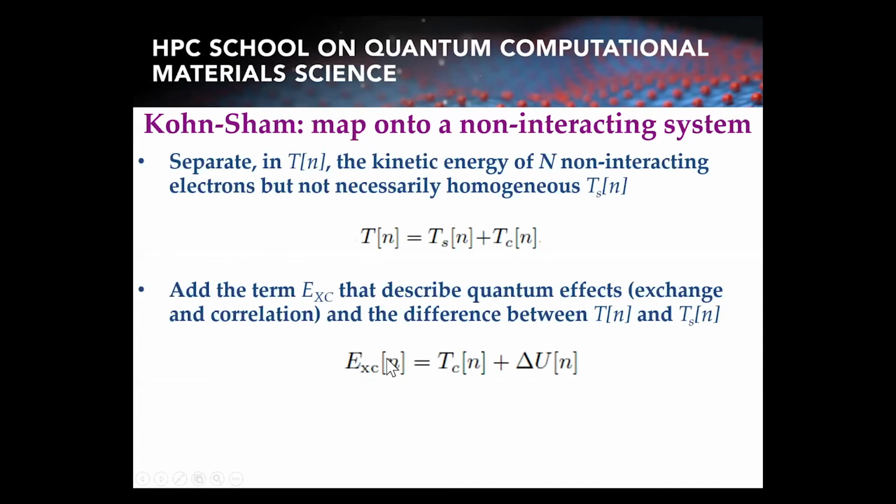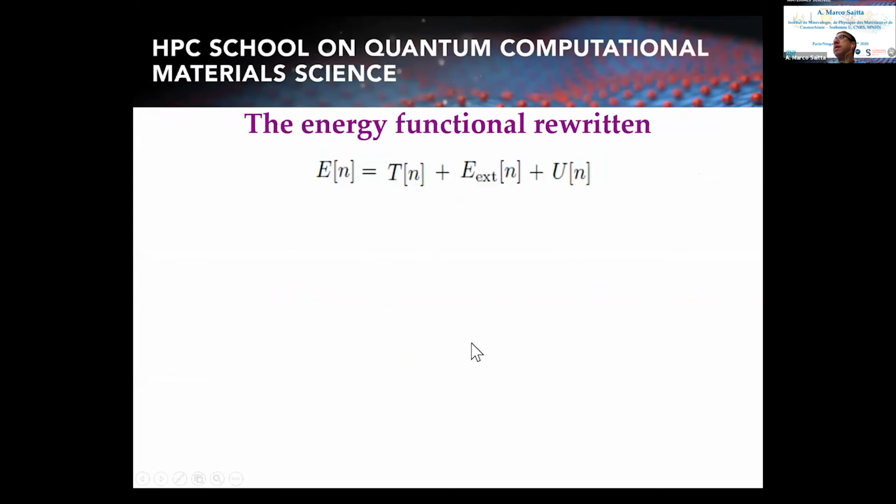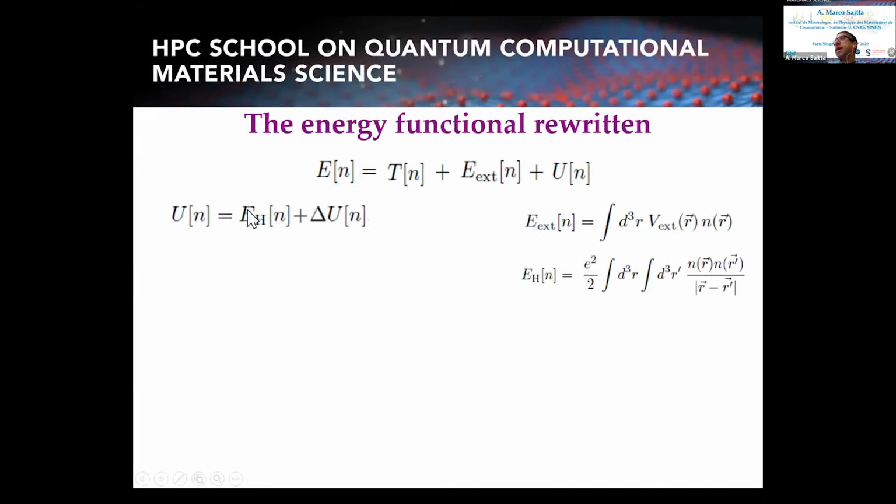Yes, which hides inside all the things that we don't know about this quantum interaction. So we can rewrite this energy functional as this. These are the two parts that we can easily deal with: the Hartree part here, and then the external part here.